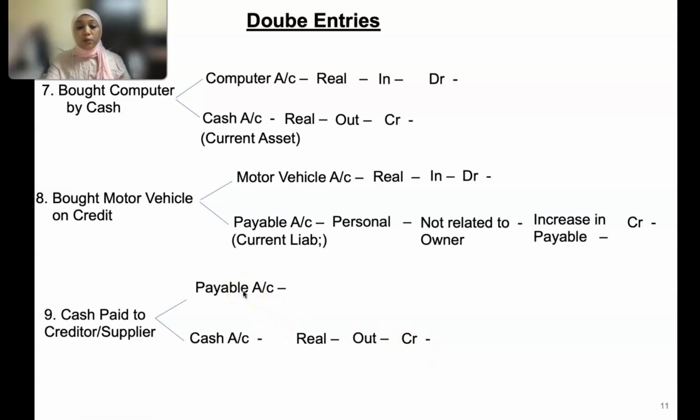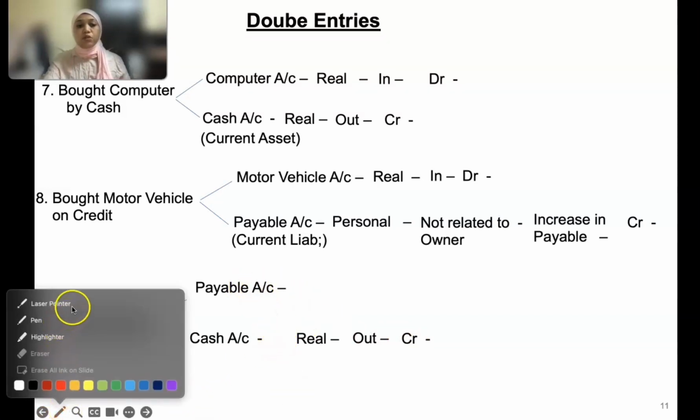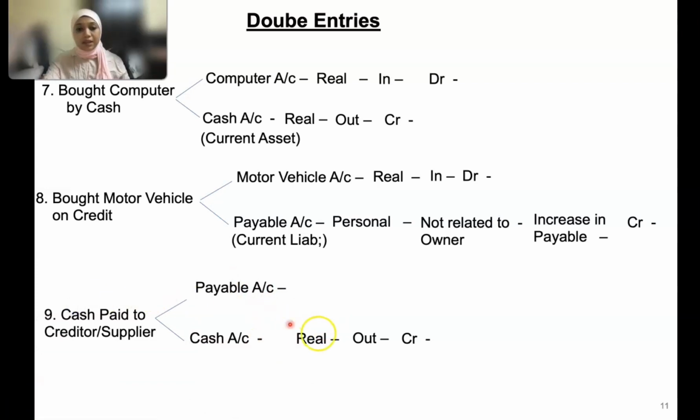But why do we record in debit side? We need to know. Okay, you need to understand. This is just for your understanding. If you can decide this cash, real, out, credit correctly, you will definitely record debit side in the payable account. Payable account is personal. Under personal, it is not related to owner, right?